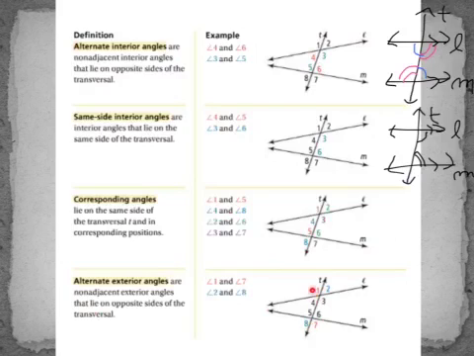So you can use vertical and you can use supplementary when the lines aren't parallel. Otherwise, you can only find the measures of these if there's missing measures. You can't say that alternate exterior angles are congruent unless the lines given are parallel and cut by a transversal.